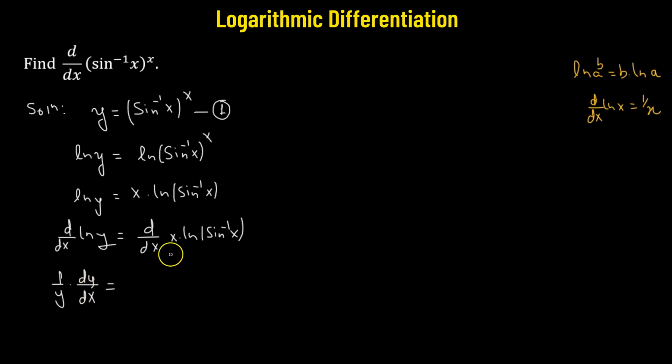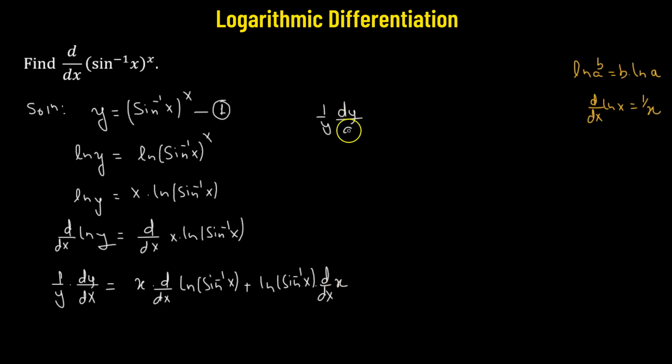Now we'll apply the product rule on the right hand side. So here we have x multiplied by the derivative with respect to x of log of sine inverse of x, plus log of sine inverse of x multiplied by the derivative with respect to x of x. Now we have 1 over y times the derivative of y with respect to x equals x times, so here we have log of sine inverse of x.